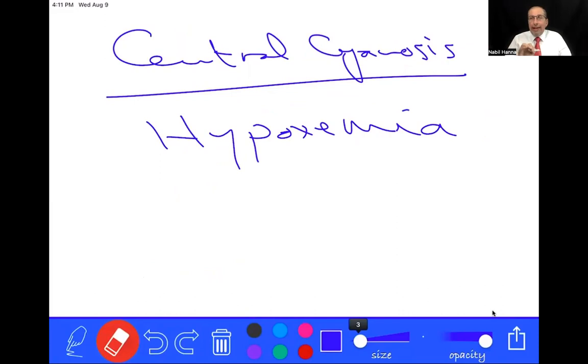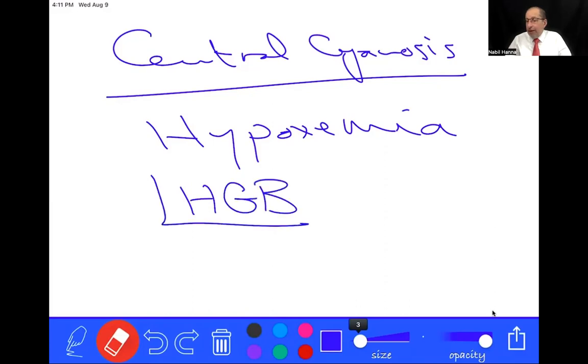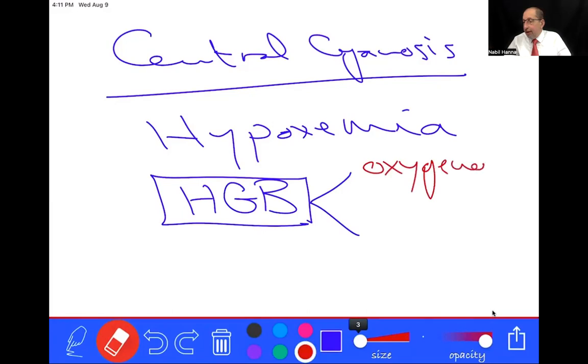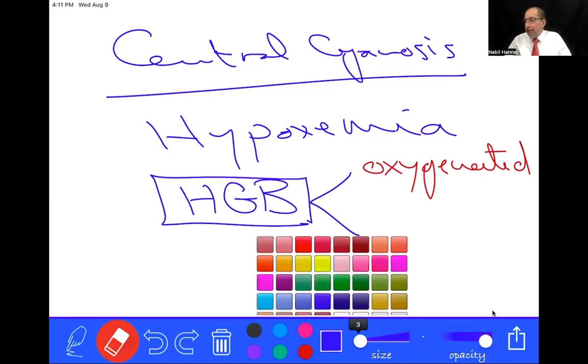Now, what carries oxygen in your blood? It is hemoglobin. And the hemoglobin exists in two forms: oxygenated and deoxygenated, or less oxygenated.